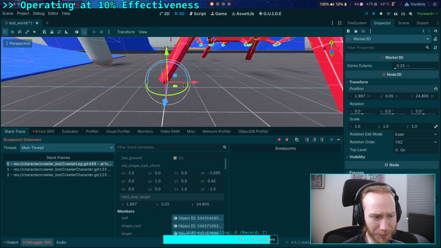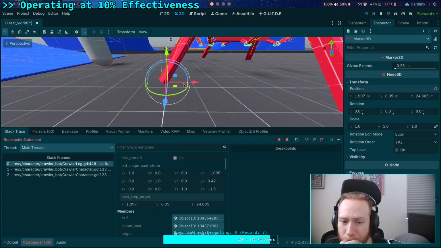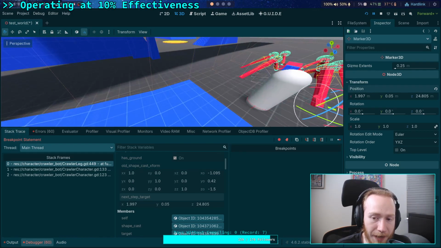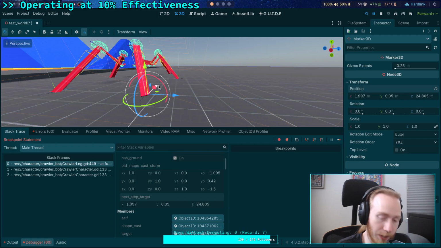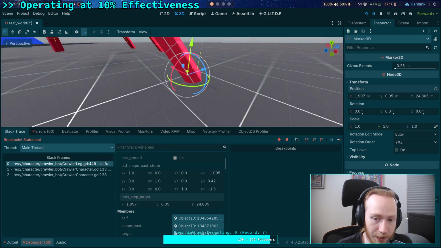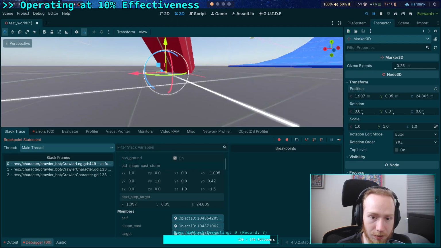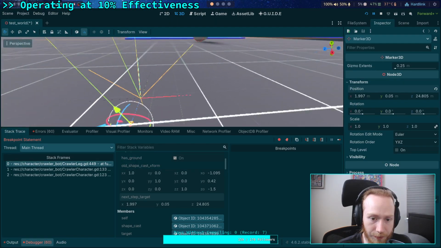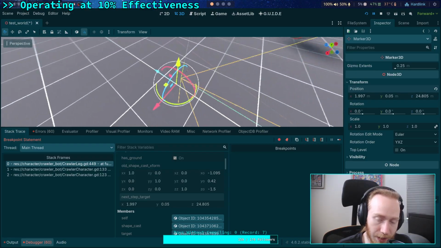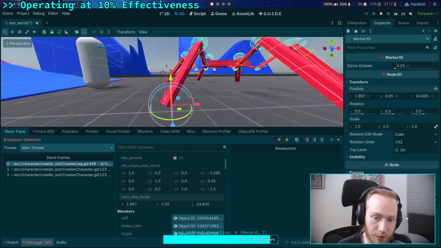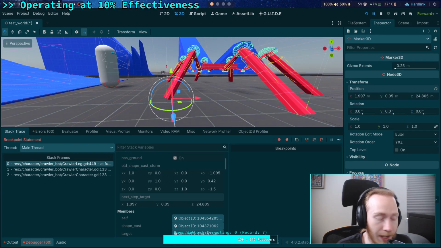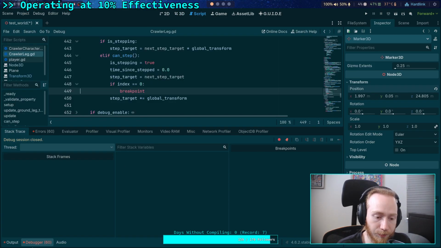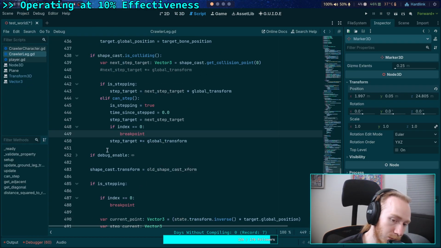It's backwards. It's backwards. Okay, if it's backwards, all right. As long as it's actually backwards, I'm okay with that. I don't understand how. I don't think it should be backwards.